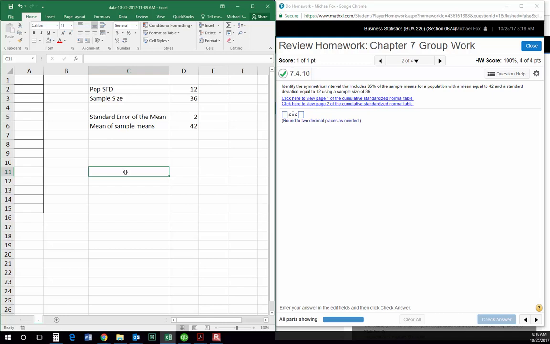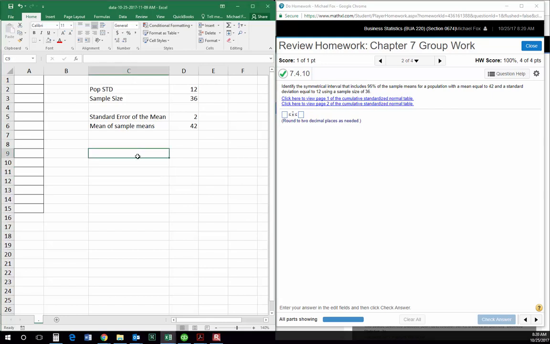And remember, if we're trying to find an interval that contains 95% of all values, then we need to first find the upper limit, which would have 2.5% of the values above it, and then we'll have to find the lower limit, which will have 2.5% of all values below it. So I know that sounds a little confusing, so let's just look at how we would use Excel to do that. Sorry, I had a little bit of an interruption there.